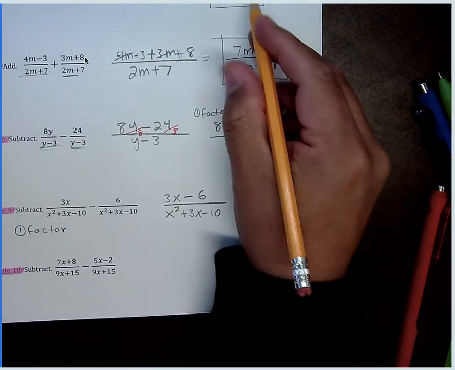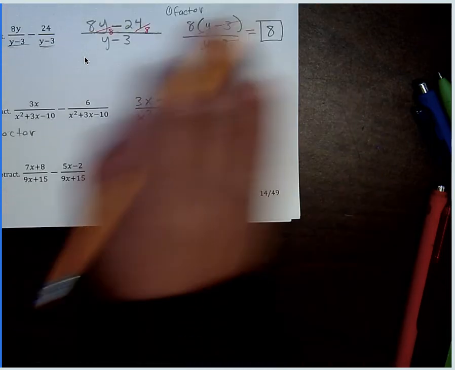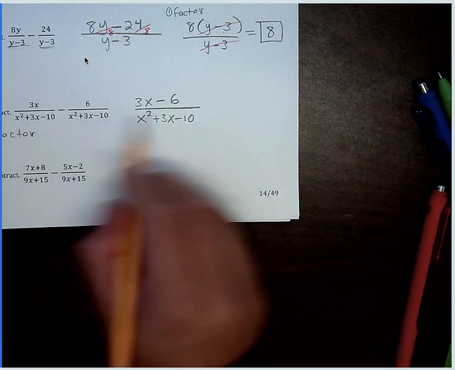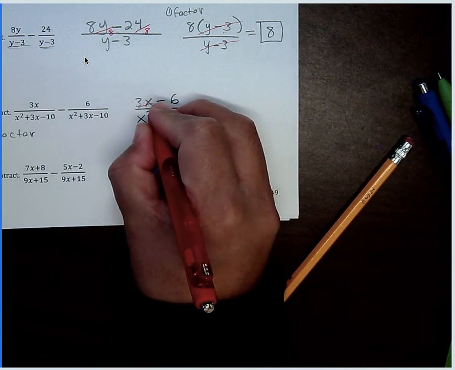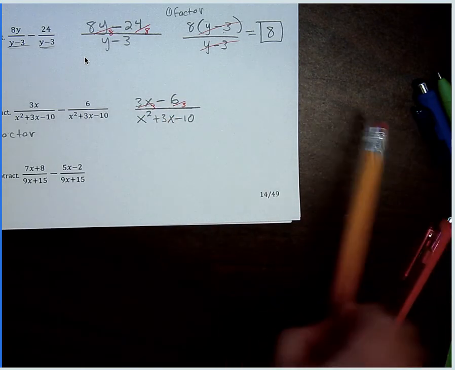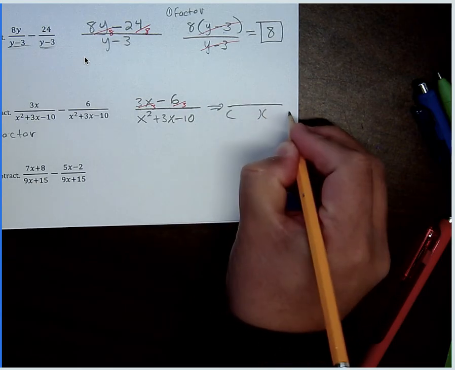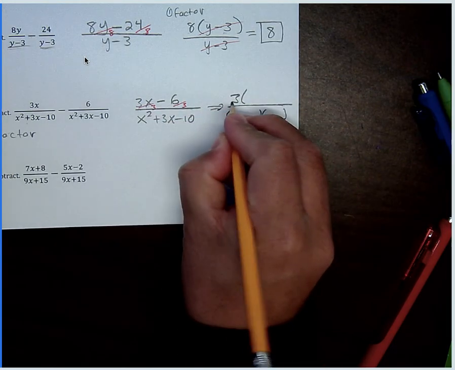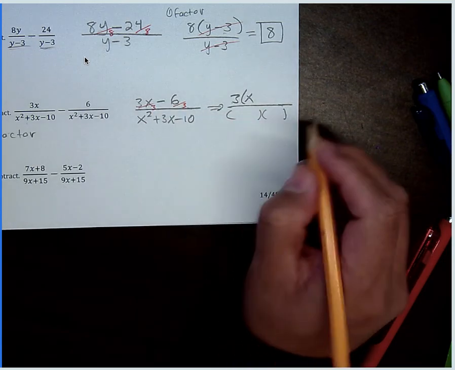In the first one there was nothing to factor, that's why the answer was just that. And in this one, if you remember, I was able to factor out an 8. In this one, I think there's multiple things that we can factor out. So we can factor out a 3 from here. I'm going to have the 3 outside, the GCF, and then you're left with x for this one. 6 divided by 3 would be 2 for that one.